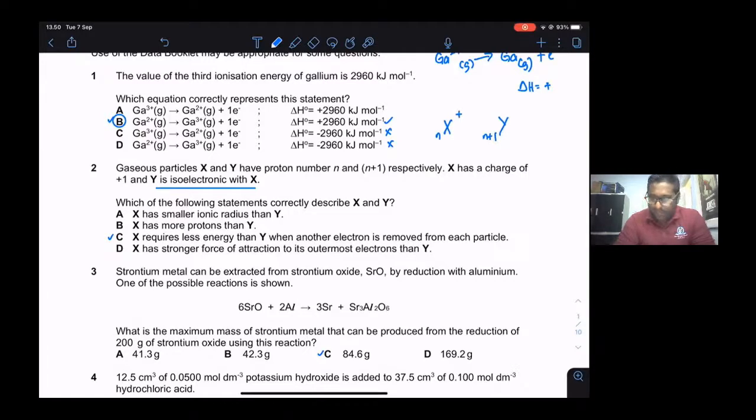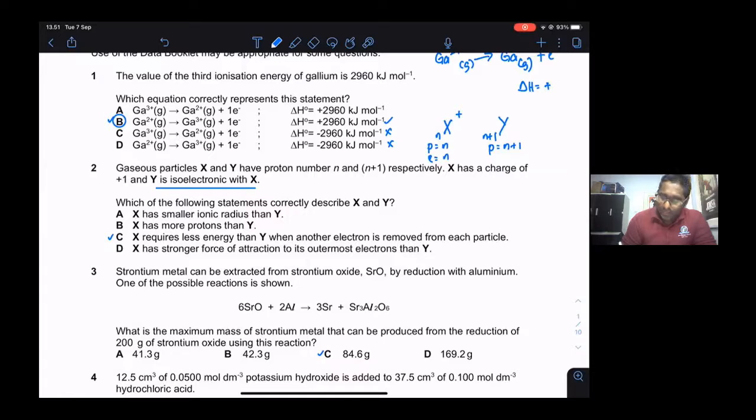And then Y is isoelectronic. So if I write down the proton number, it is N over here, and N plus 1 here. But how about the number of electrons? Since X has a positive 1 charge, the number of electrons is normally supposed to be the same as protons, N, but I remove 1 electron, so it is N minus 1.